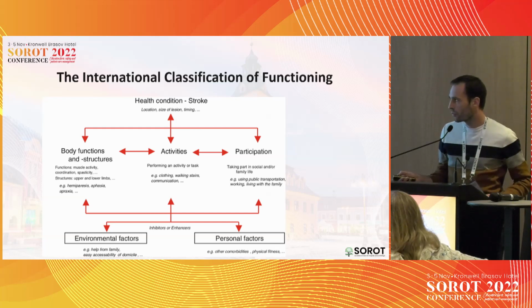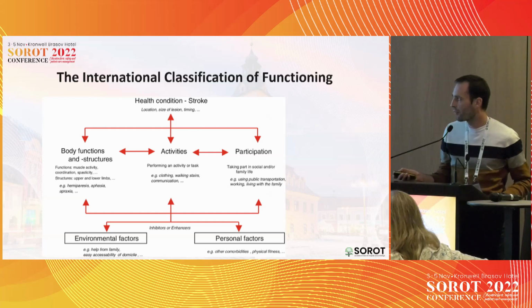So we need to make rehabilitation not just for the physical problem, but for all the patient, the globality of the patient. You need to rehabilitate the physical and the psychological. And we have two other elements, environmental factor and personal factor.